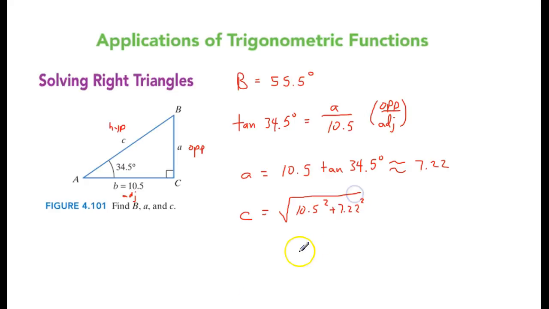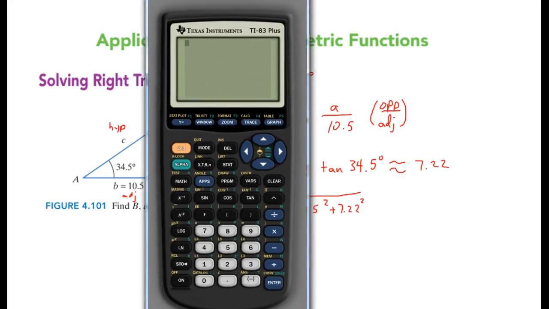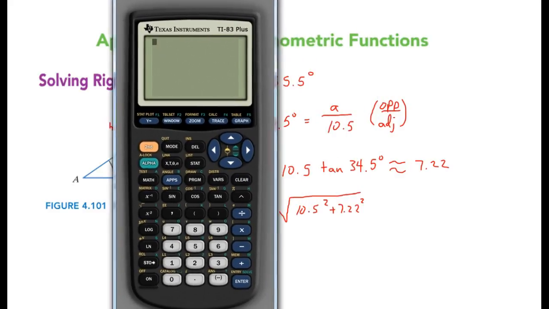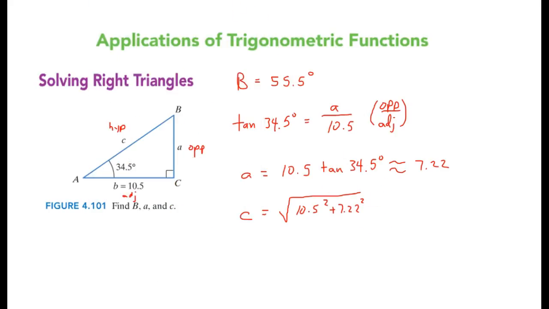So once we get two of the three sides, we can find the third one with the Pythagorean theorem, because this is a right triangle. Now later on, we're going to deal with any types of triangles. There won't have to be a 90-degree angle in there. And then we have to set up another trig function. Well, we'll have a way to do it. Alright, so there is our Pythagorean theorem, so we get 12.74 roughly.